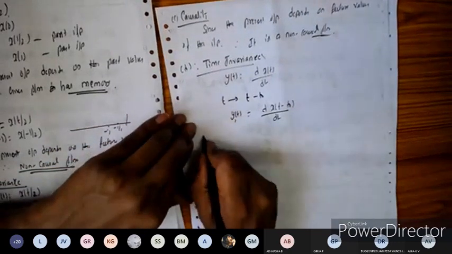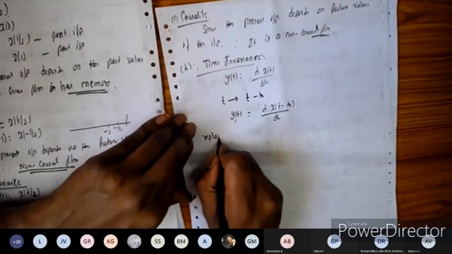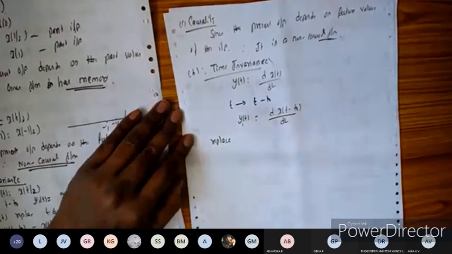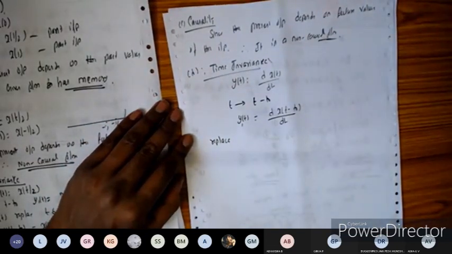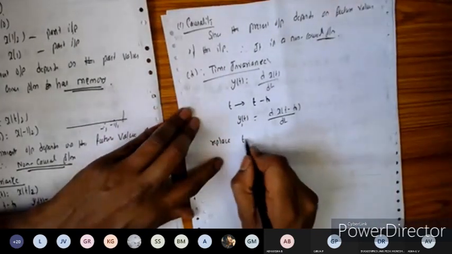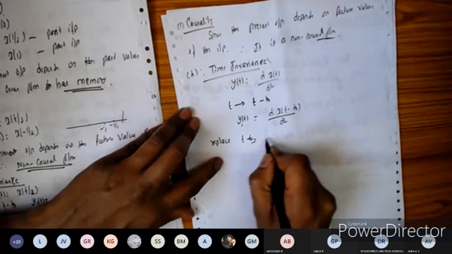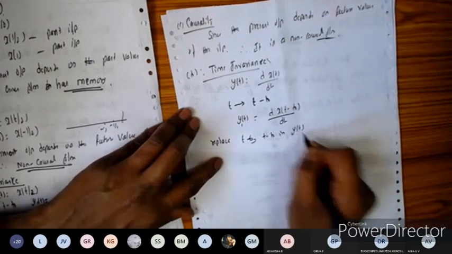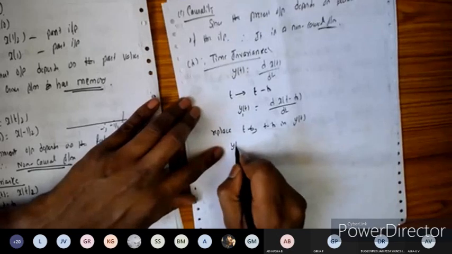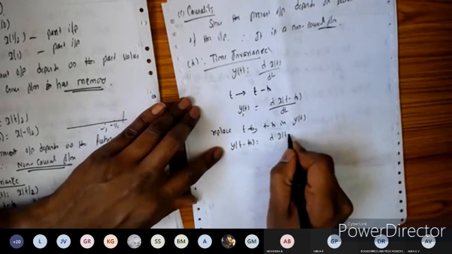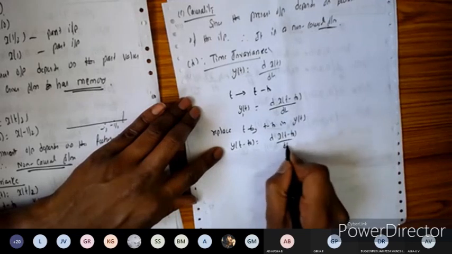Similarly, let us replace t by t minus t naught in y of t. So y of t minus t naught is equal to dx of t minus t naught divided by dt.